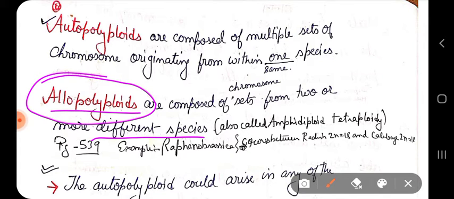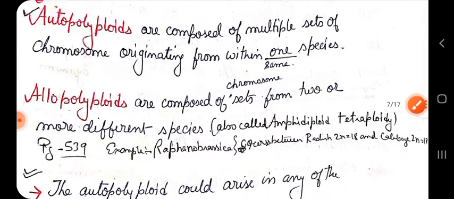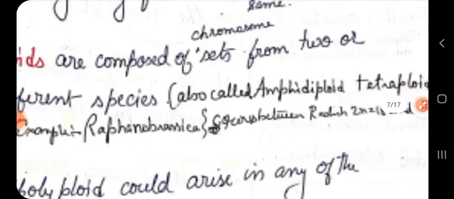So allopolyploids are composed of chromosome sets from two or more different species. Allopolyploids are also known as amphidiploid tetraploidy.